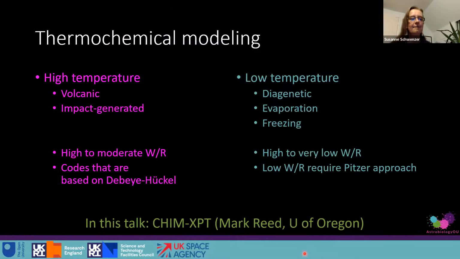No, I didn't. But let's talk about thermochemical modeling a little bit. I said you need it because you can't observe everything. If we could observe everything, and if we had a time machine to go back to when that fluid was there and could pick it and bring it to the lab, then we wouldn't need to model.